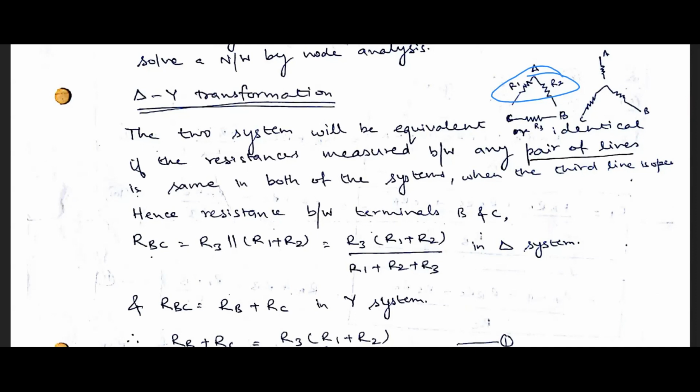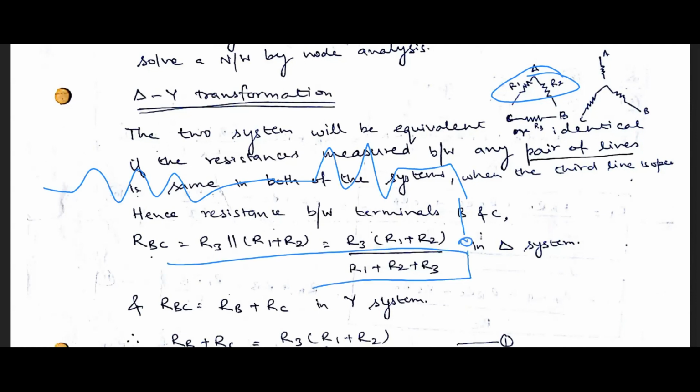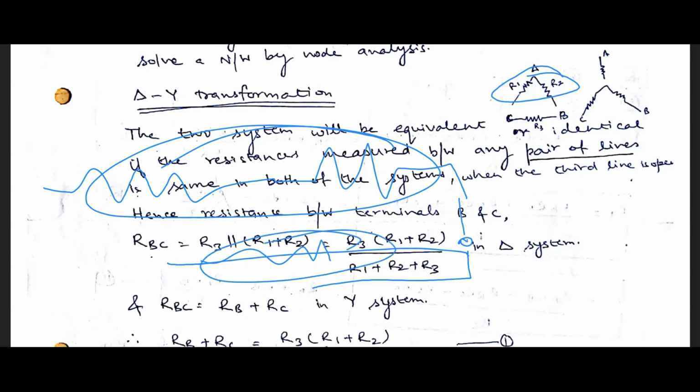For example, you can say that this is R1 and it is in series with R2, and since it is being pulled away and R3 is here, this series combination of R1 and R2 is in parallel combination with R3. Okay.